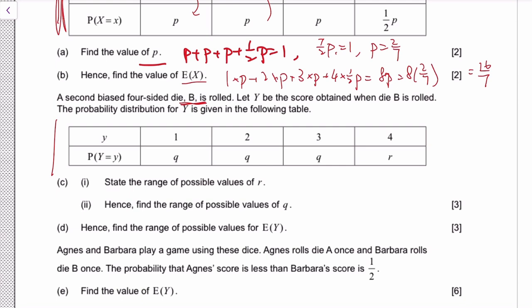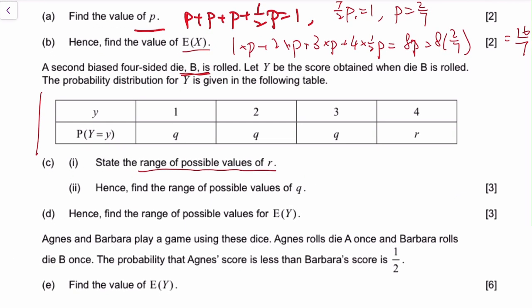Now, here's where me and IB disagree. The question is, what's the possible range of value of R? Well, again, we know nothing about the distribution, so the only thing we can say is the total probability has to be 1. And also, a probability cannot be negative. Alright, so we pretty much know a probability has to be bigger than 0. Now, here's where you can argue, can a probability in the table actually be 0?